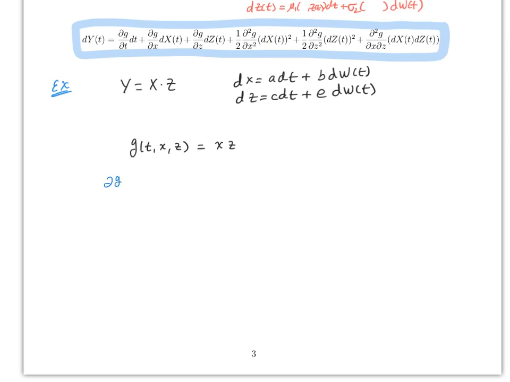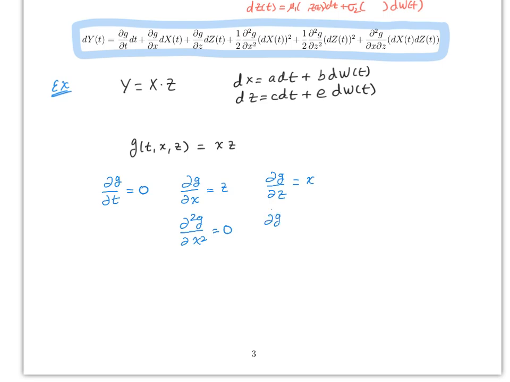All right, so we need the following derivatives. The partial of g with respect to t clearly is equal to 0. The partial of g with respect to x is just equal to z. The partial of g with respect to z is just x. The second partial of g with respect to x is going to be 0.